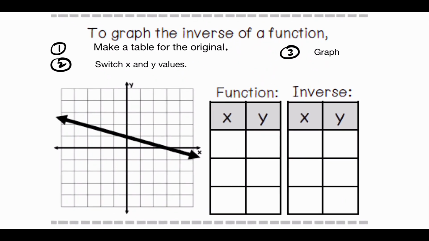So to do that, we need points. I want whole number points, right? Like if I go left 3, up 2, there's a dot right there. I'm not going to go left 2 because then I go up 1.5, 1.6. I don't know what it is exactly. But if I go left 3, I got up 2.